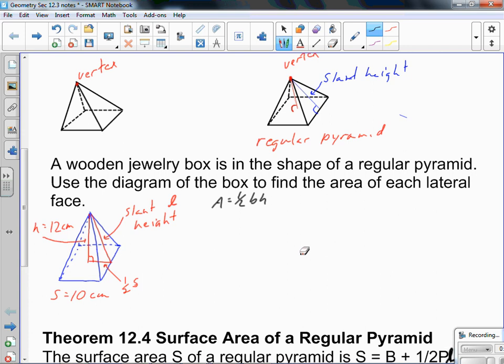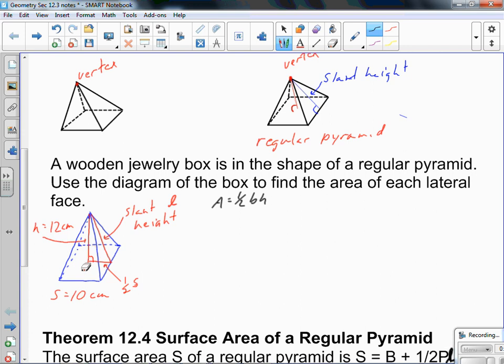So what we need to do to be able to find the area is figure out what the slant height is, because they didn't give us a value for the slant height. They did give us a value for the height, and we know that one side is 10 centimeters. And so since this is a regular pyramid, we know that that height segment is going to be hitting in the very center of the base.